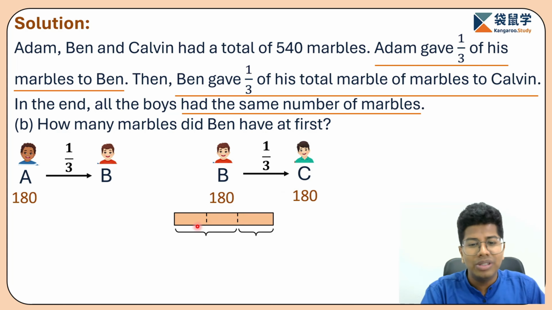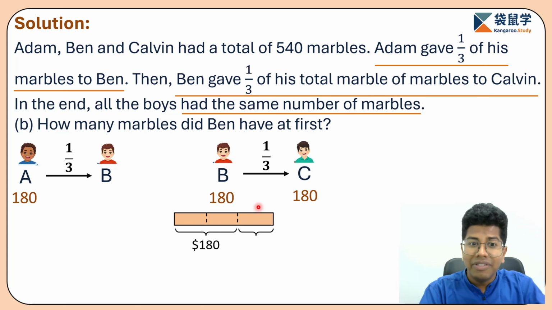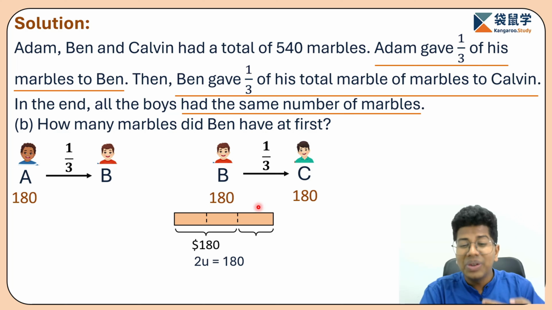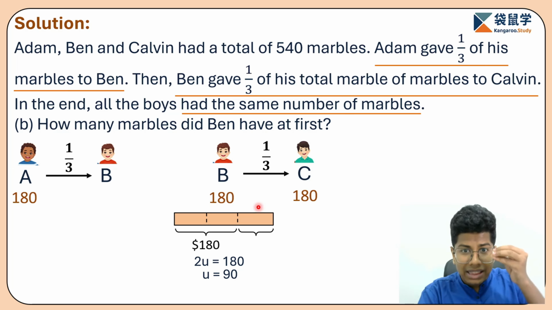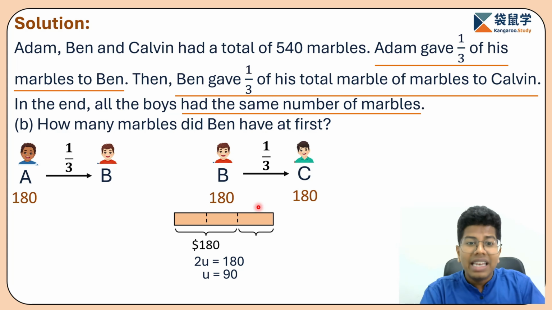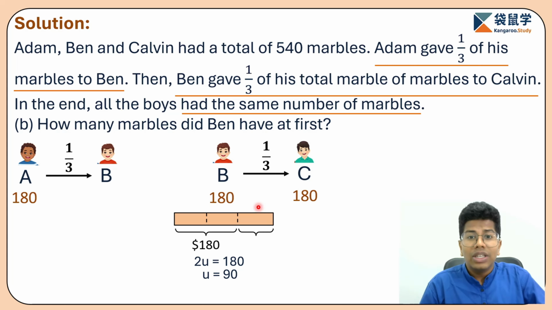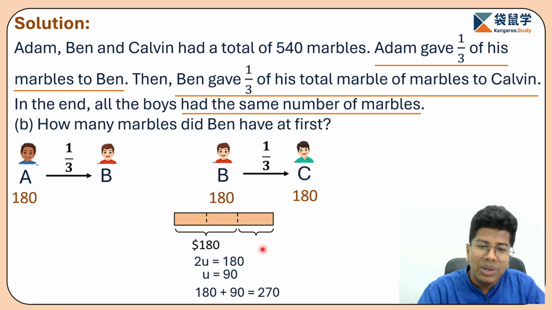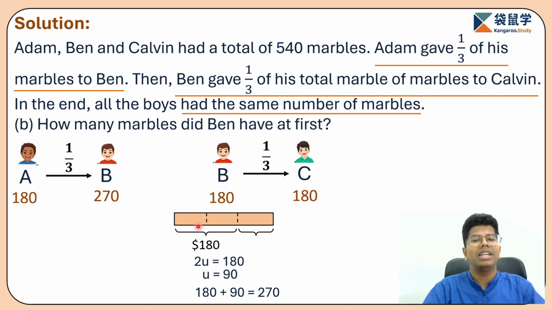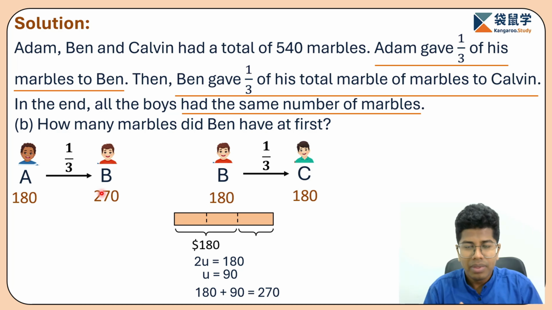Yes, 1 part is given to C, and 2 parts is nothing but 180. Can I find out the value that is given to C? Yes, I can. 2 units represent 180, 1 unit is simply 90. This means Ben gave 90 to C, and after giving he has 180. So how much did Ben have at this stage in total? This is 180, this is 90, in total it's 270. So Ben had 270 here.